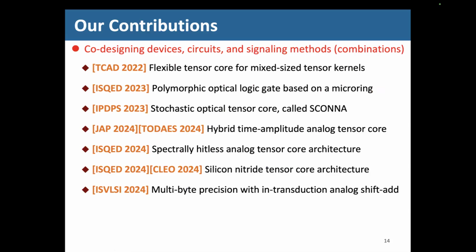All three aspects are co-designed, for example this bullet and this bullet over here. And some of the works are only looking at, let's say, device and circuit, keeping aside the signaling, and signaling is still analog. For example, this particular work. Depending on what time allows, we will talk about a few of these works.